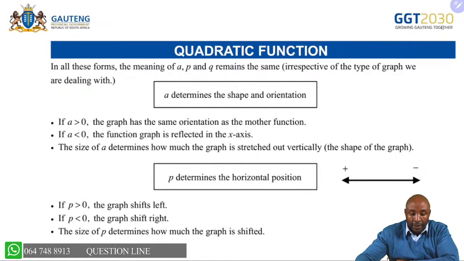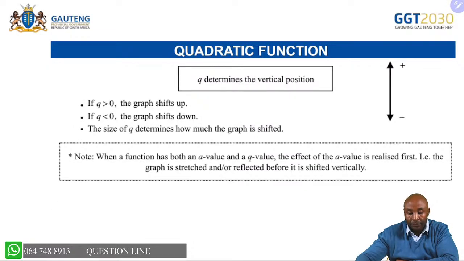And then you are able to see that, and I have given an illustration there. We shall move on. Q, as I said, affects the vertical movement, up and down movement. So if Q is greater than 0, the graph shifts up. If Q is less than 0, the graph shifts down.